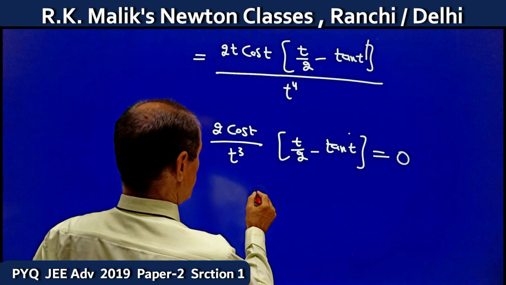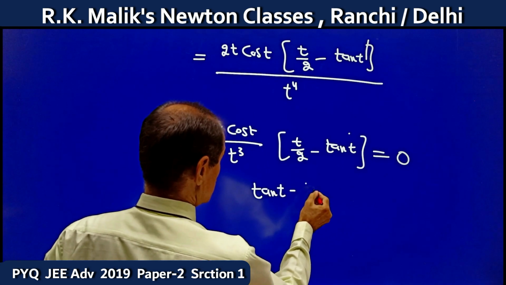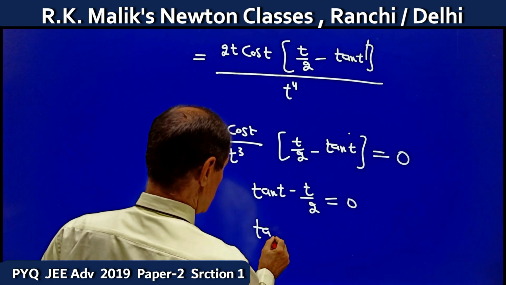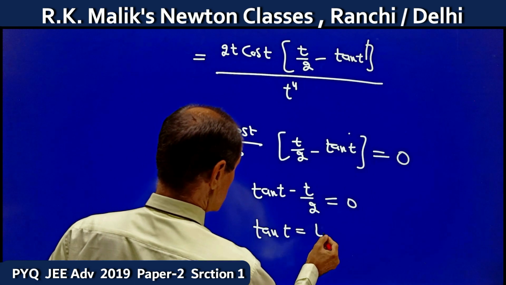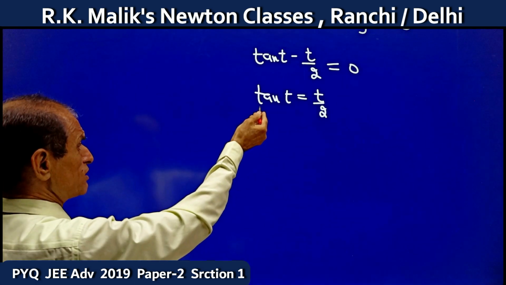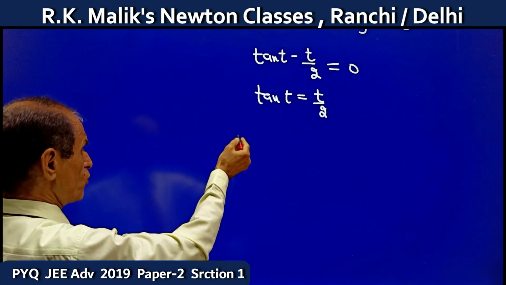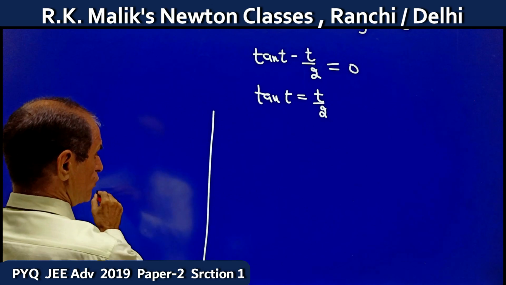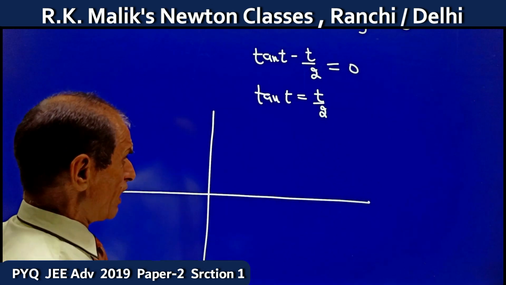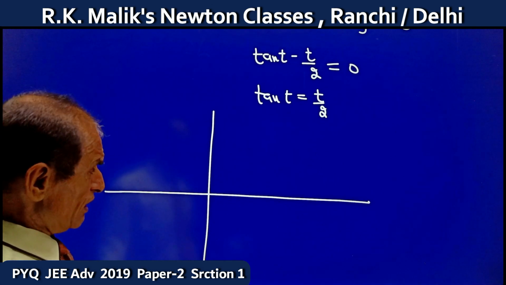Therefore, this equal to 0 means tan t minus t by 2 is 0, that is tan t equal to t by 2. And to solve this equation, as all of you know, we draw the graph of tan t and t by 2 and then check the points of intersection.